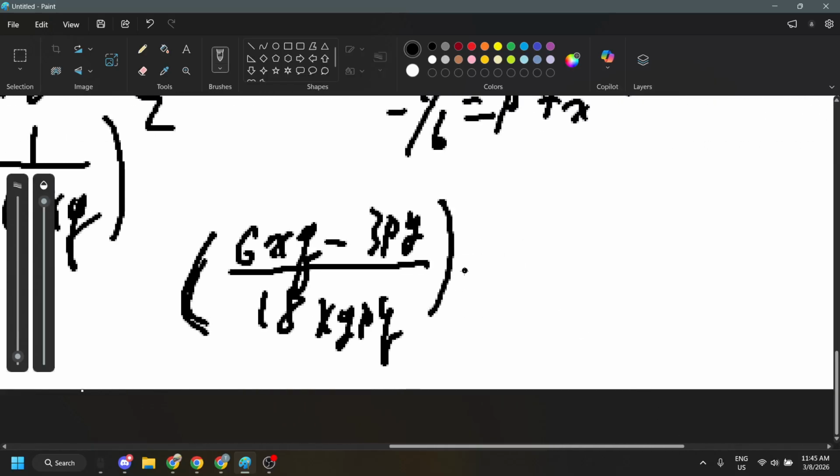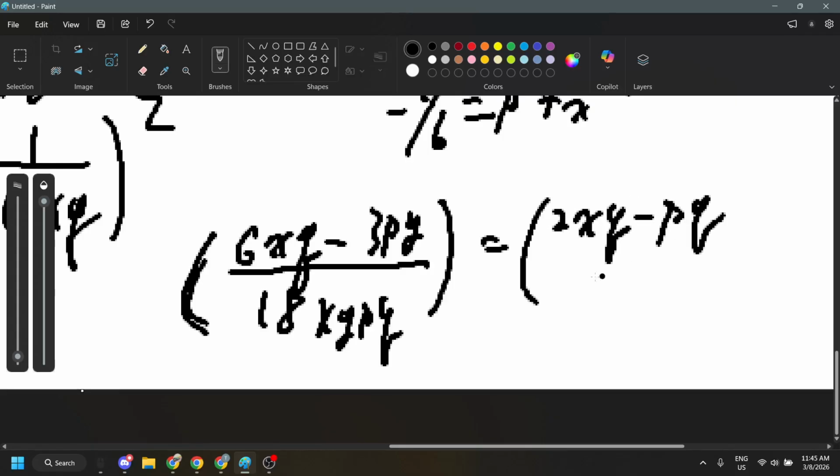So then we just have 2xq minus py over 6xypq. Hmm.